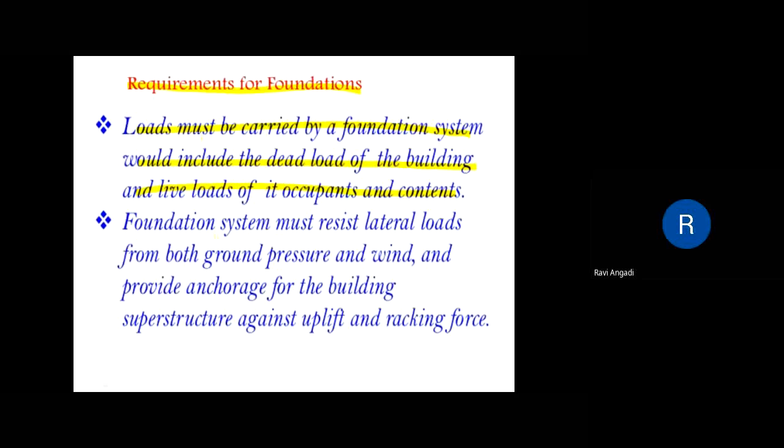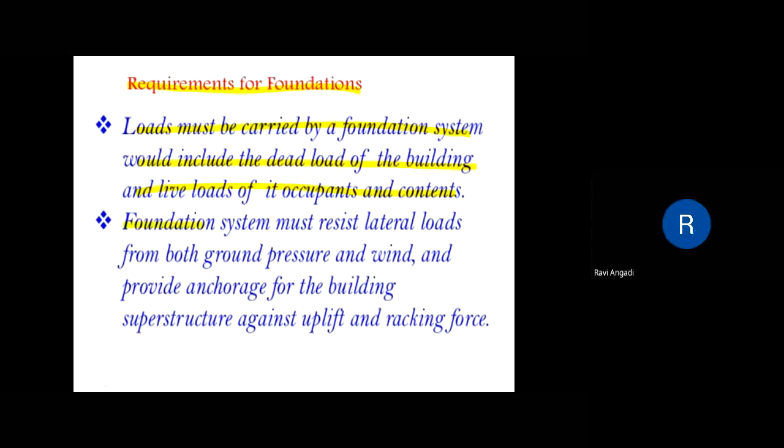For designing, you need to consider the dead load, the live load, and also the wind load, the earthquake load, the ice loads, and soil pressure. All those things need to be considered for the design of the foundation.